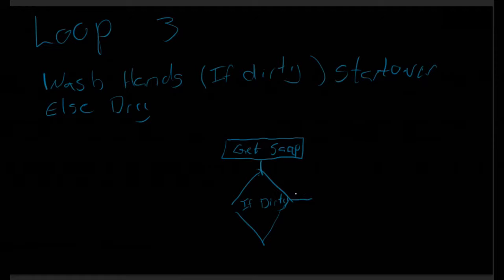And if it's true, if it's still dirty, then we repeat these steps right here. So what it's going to do is if they're dirty, then we come back and we do it again until it's not dirty. If it's false, in this case, if it's not dirty, then we can dry hands. Okay, so this is kind of a real rough idea of a loop.